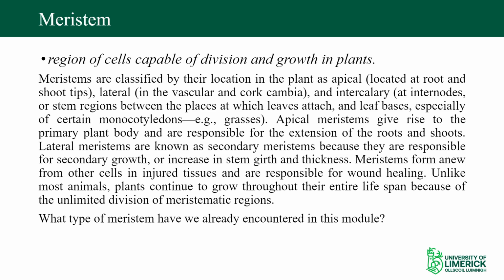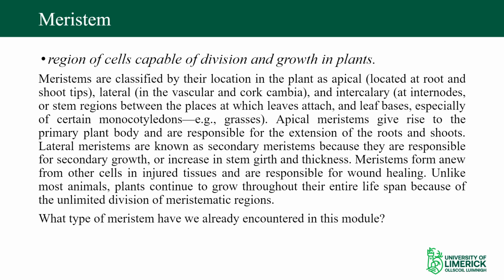Meristems are classified by their location in the plant as apical, located at root and shoot tips; lateral, in the vascular and cork cambium; and intercalary, at internodes or stem regions between the places at which leaves attach, and leaf bases, especially of certain monocotyledons, for example grasses.